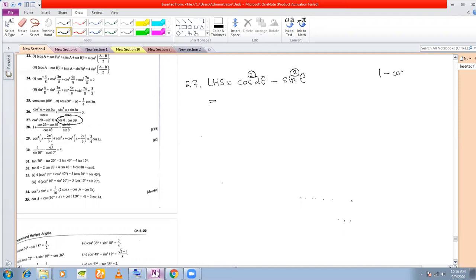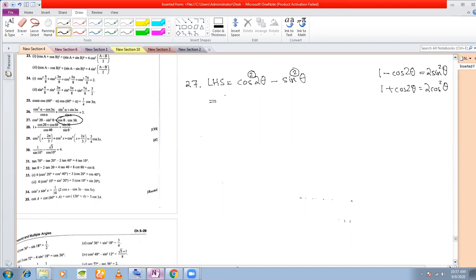1 minus cos 2 theta is 2 sine square theta. We shall use these relations: 1 plus cos 2 theta is 2 cos square theta. With the help of these two, we are going to remove the square.